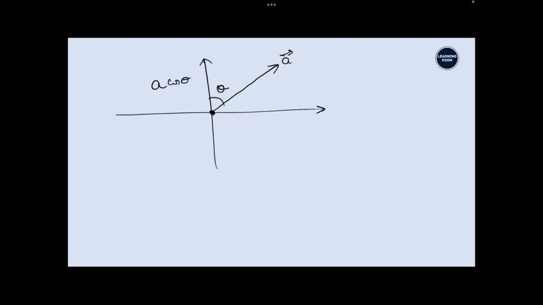The side adjacent to the angle will be written as cos. The side opposite to the angle will be written as sine. Are you able to understand this point? So it will be broken into two components like this: A cos theta in the vertical direction and A sin theta in the horizontal direction.